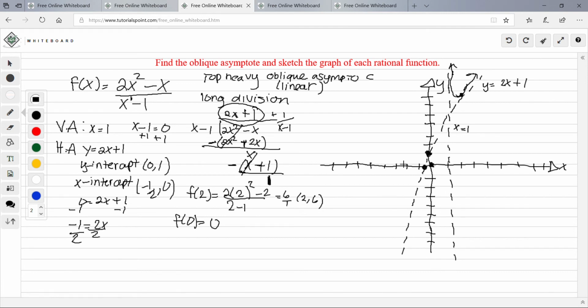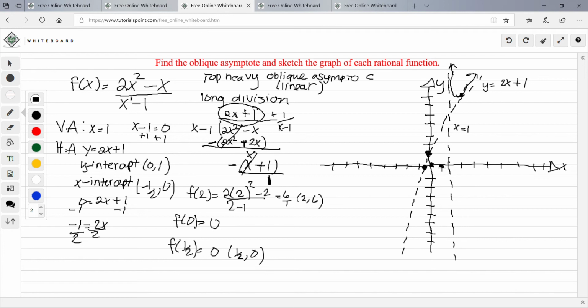That still doesn't tell me enough, so I'm going to use another point. I'm going to use positive 1/2. If you plug in 1/2 into the function, you should get 0. So this point is 1/2, 0. So here's 1/2 right here.